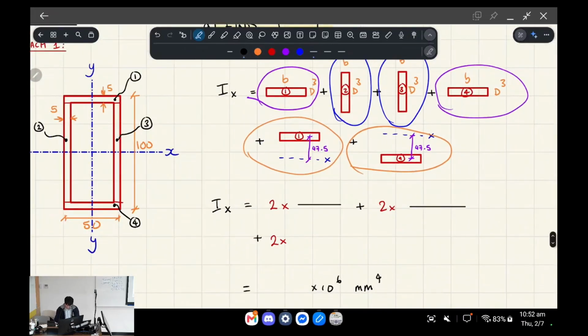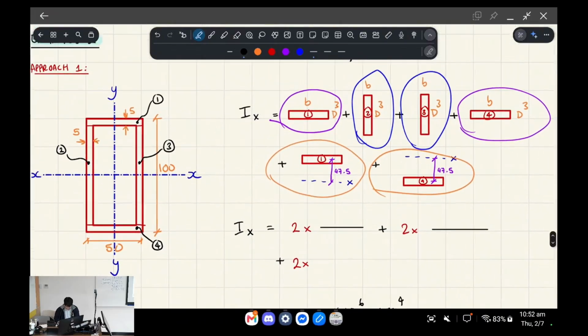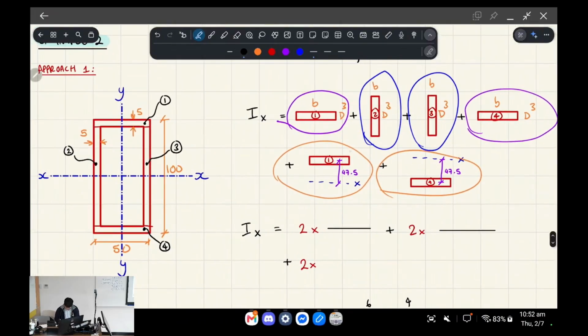Okay, so we have to basically spawn in these 2 horizontal shapes. So this one will be the purple one. So we'll go BD cubed on 12. So B being 50, right? D being 5, okay? We cube it and we put it over 12, okay?